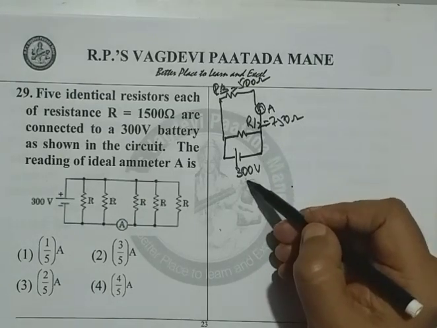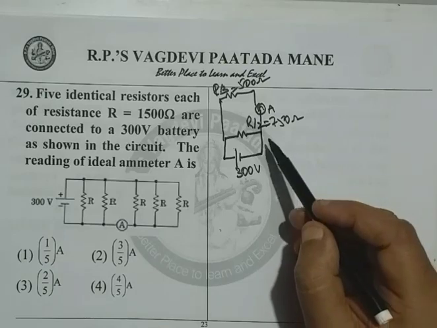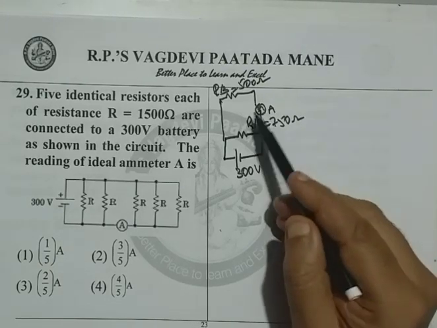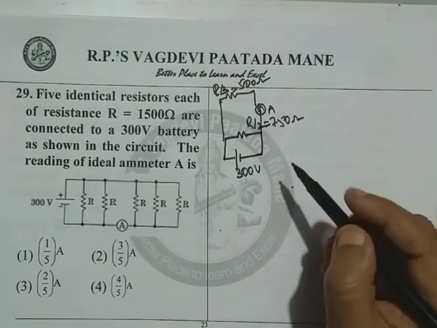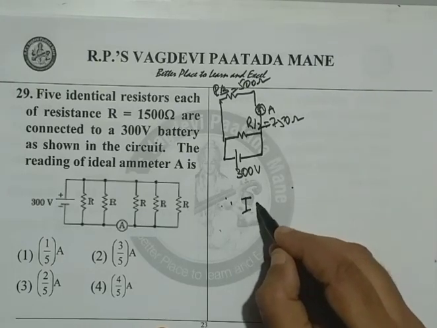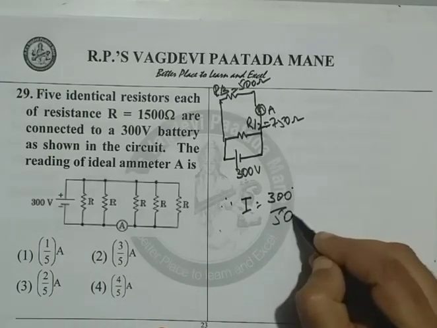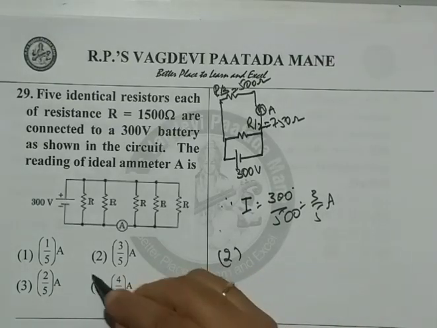Observe, as the 300 volt source is not mentioned with any internal resistance, the voltage applied to 500 ohms is also 300 volts, as the ammeter is ideal. Therefore, current through the ideal ammeter I is E by R, 300 by 500, that is 3 by 5 ampere. Option 2 is correct.